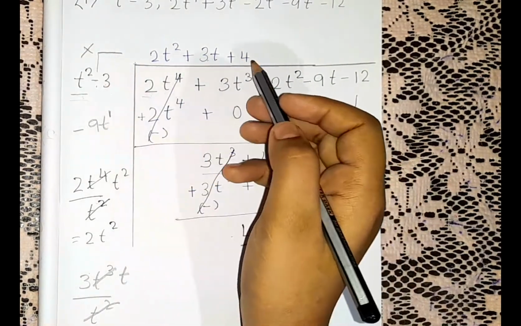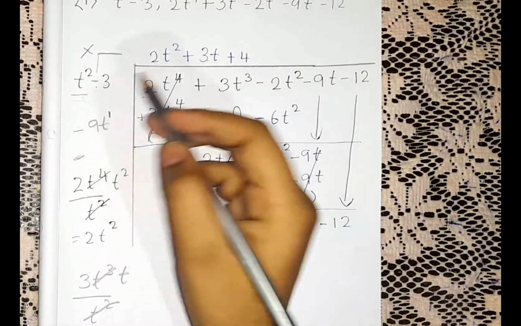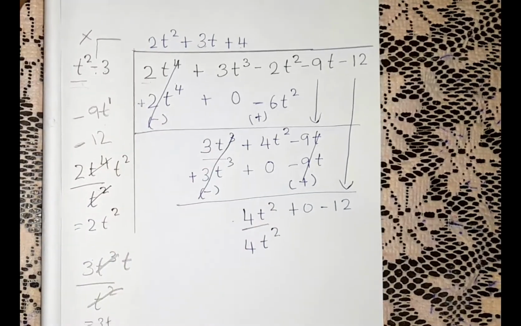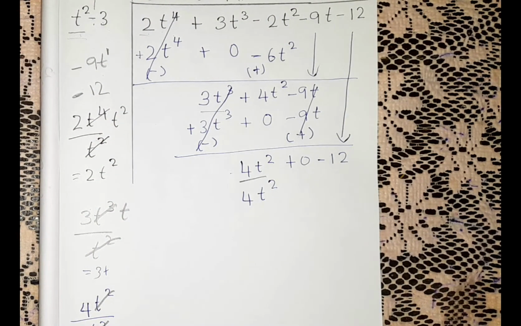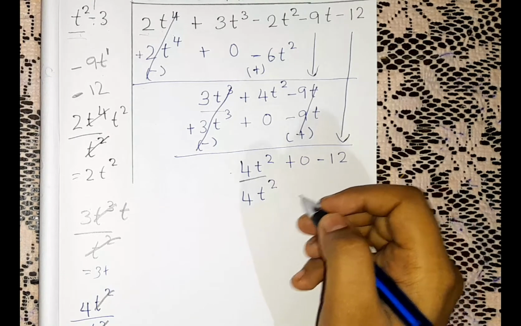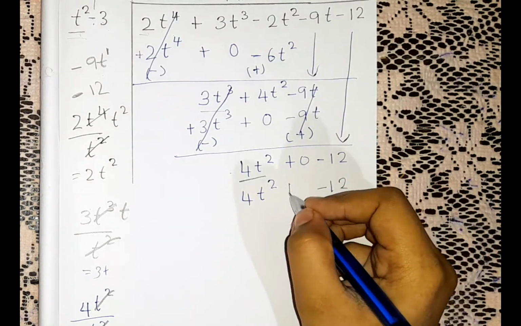Minus into plus is minus, and then 3 into 4 is 12. Am I right? So it is a constant term. We are supposed to write the constant term in the constant term itself. So here we have minus 12, which is a constant term. So we shall just write minus 12. Okay, so here plus 0, we shall write it as it is.